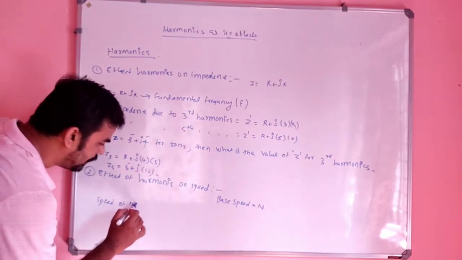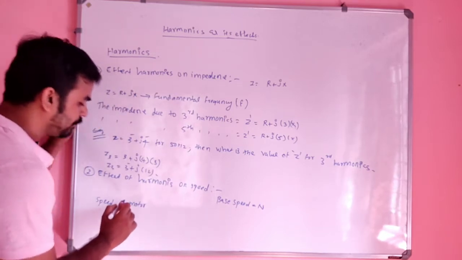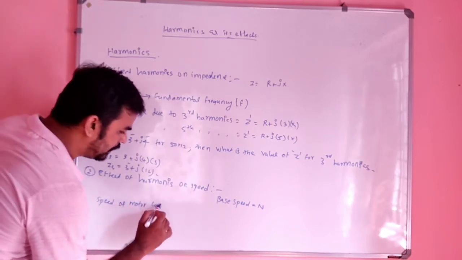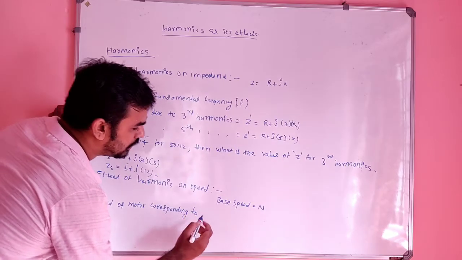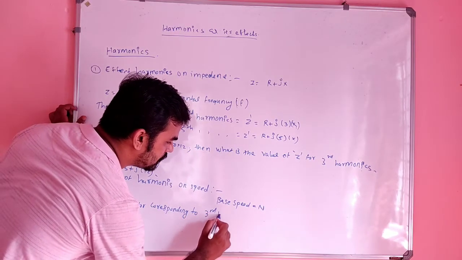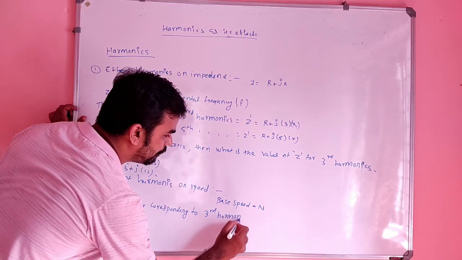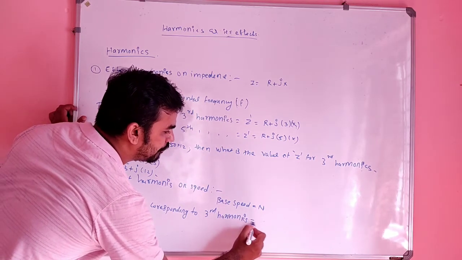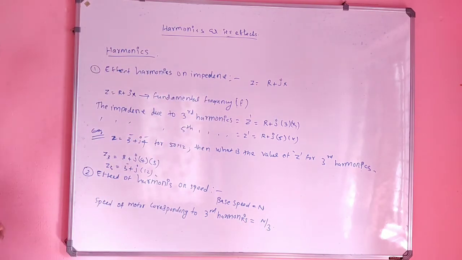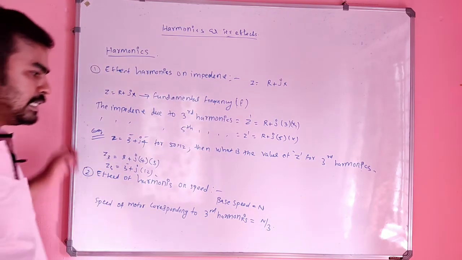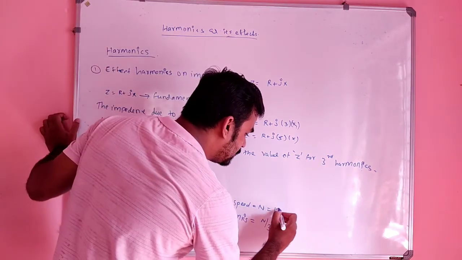corresponding to the third harmonic, which will be N by 3. Clear? Suppose the base speed N is 1500 rpm, the ideal speed at which the machine is operating.